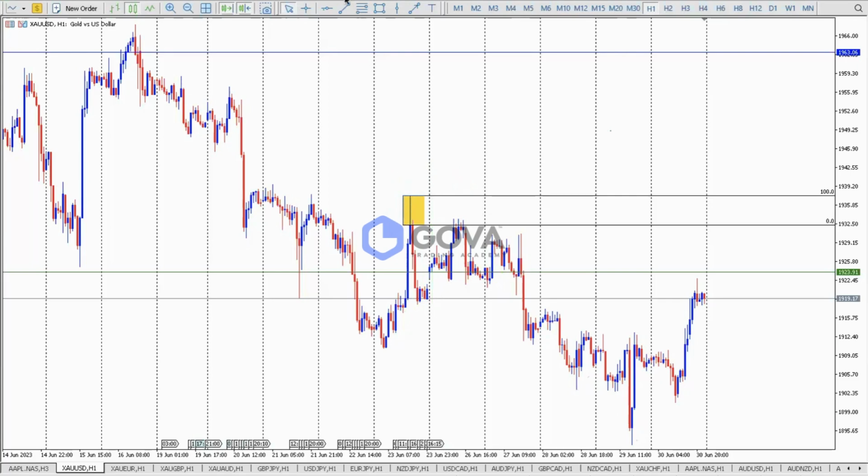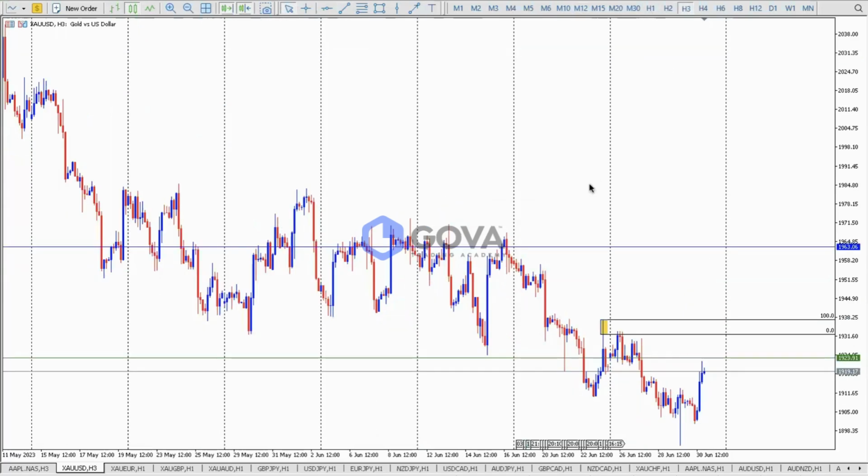So this is location. How to identify the area is what I determine as location, okay? You need to understand how to determine the area. When I was determining the area, I was looking at it from the H3 time frame, because on H3, we know that anything from this line is previous week, and anything from here is new week, isn't it?